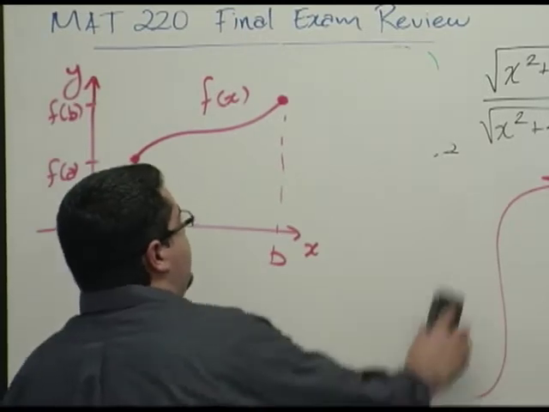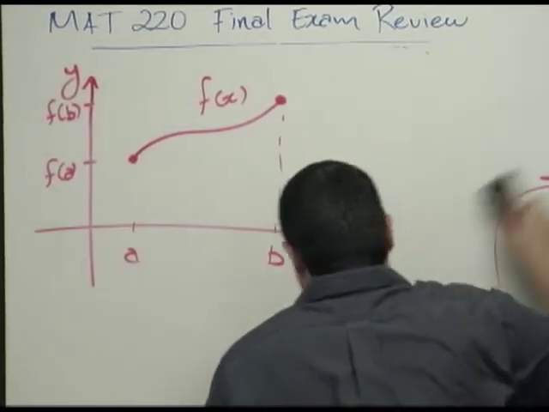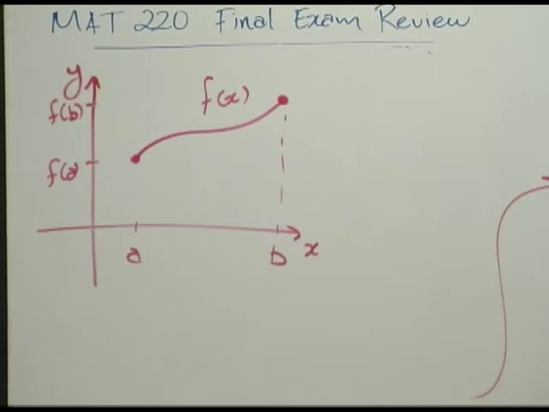Okay, and often this theorem was used to solve problems like the following. Using the intermediate value theorem to show that there's a root of the equation in the given interval.